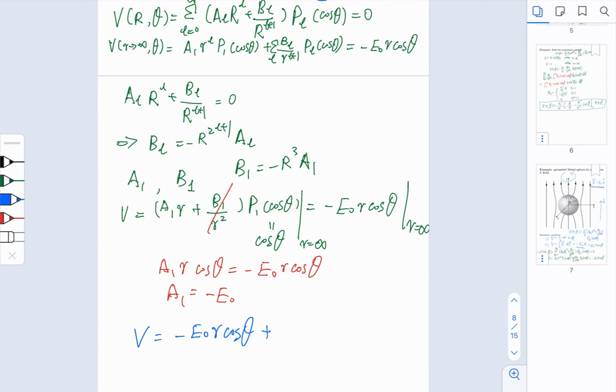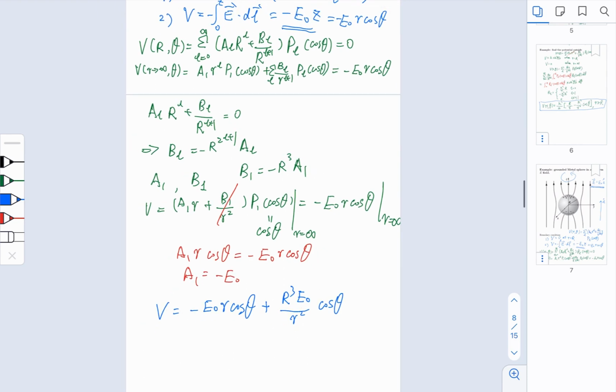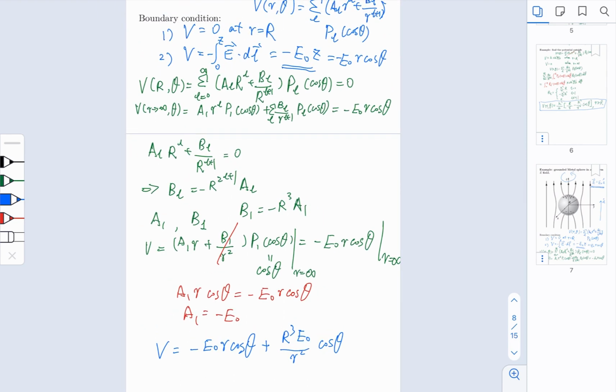So the B1 is R cubed E0, and you see that here the first term, so this should be our final solution, and the first term is exactly identical to the boundary condition we specified here.